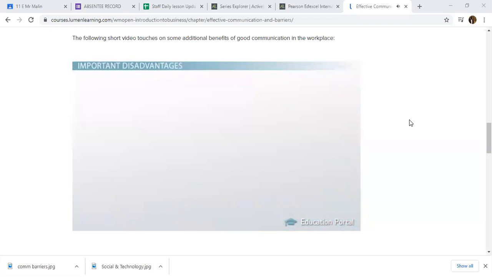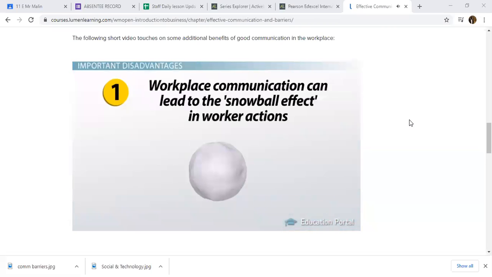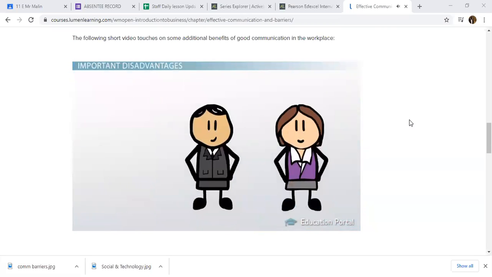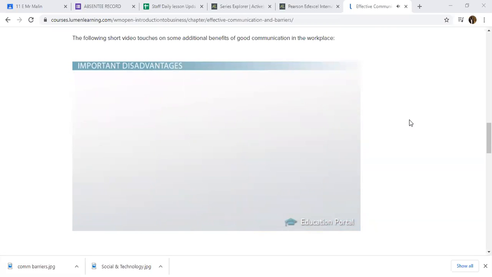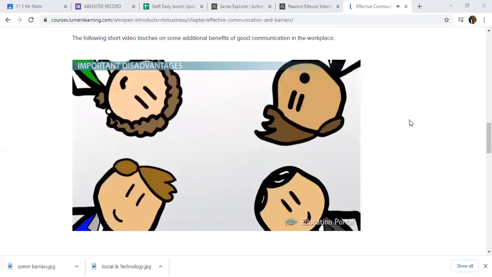Important disadvantages. Number one, workplace communication can lead to the snowball effect in worker actions. For example, many times when employees quit, there is a snowball effect where additional employees also quit. This usually occurs due to employees who communicate freely with each other over workplace concerns. Companies can avoid this issue if they are sensitive to worker complaints and issues.